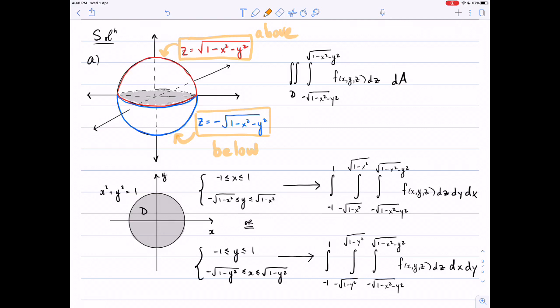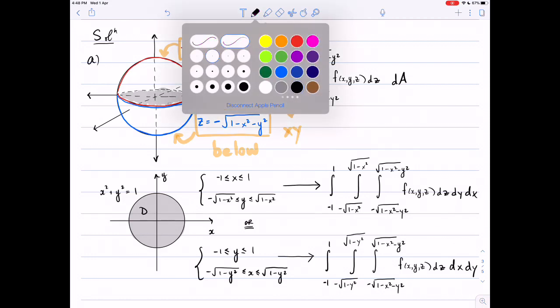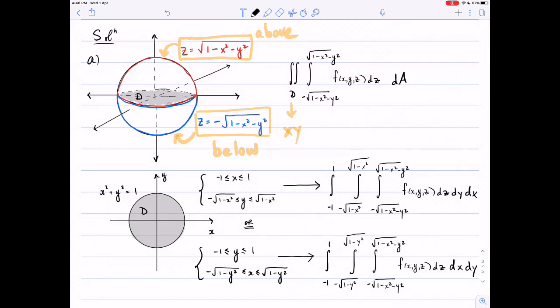And then where is our shadow region D? Well, D is always on the xy plane. Our solid cuts right through it, so our region D just happens to be right smack dab in the center of the sphere. But that's fine. We can integrate over that region D. How are we going to find it?